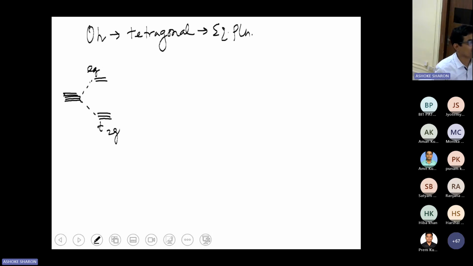So it shows the normal octahedral splitting. Normal octahedral splitting means we are presenting it in this way.